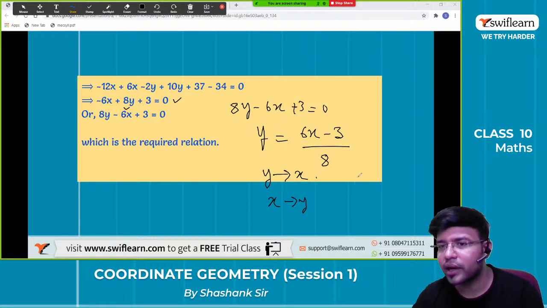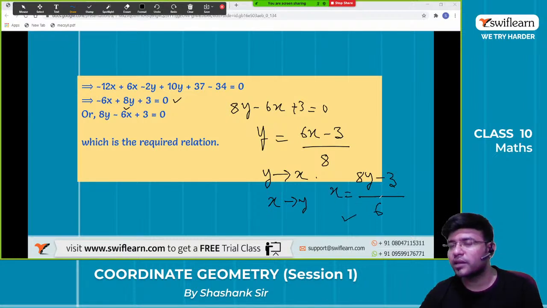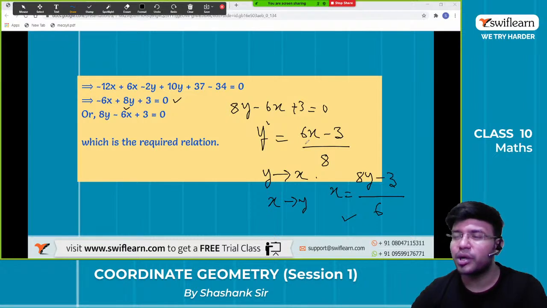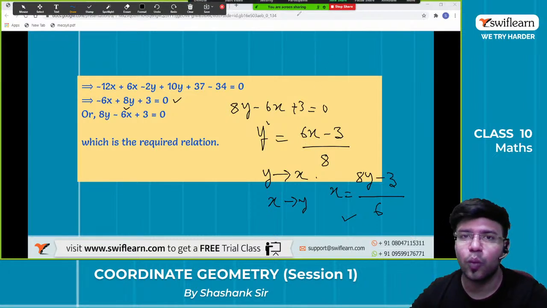So you will get 6x is equal to 8y minus 3, and if you divide by 6 you get x. So this is the value of x in terms of y, and this is the value of y in terms of x. This is the relation between x and y.